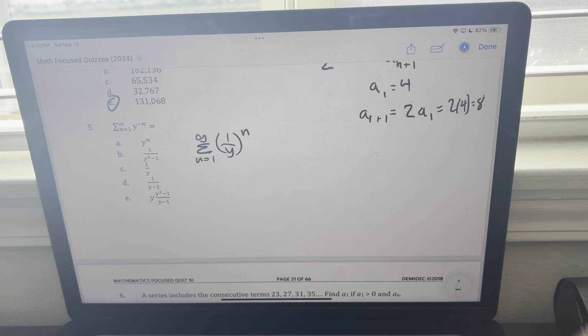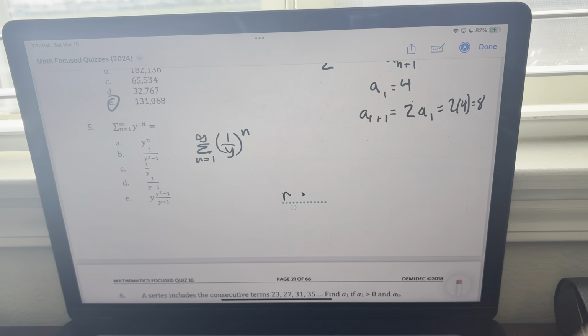And so we see 1 over y is our common ratio. Just imagine it like y equals 2 is 1/2, y equals 3 is 1/3. And so this can be an infinite geometric series here, because r is less than 1, then it will converge at a certain value. Because remember, we said if r is greater than 1, then it diverges and it won't have an answer.